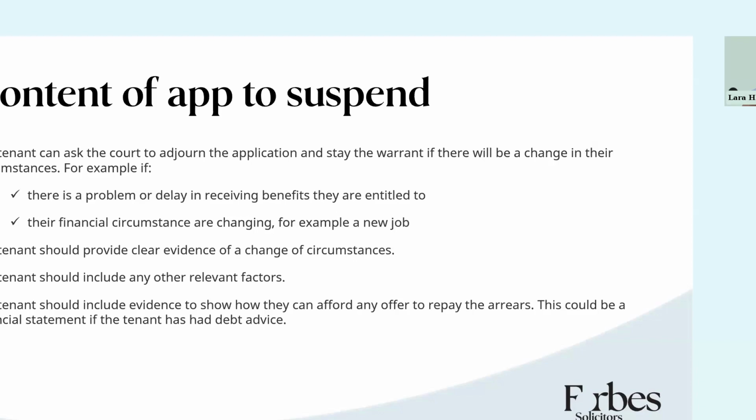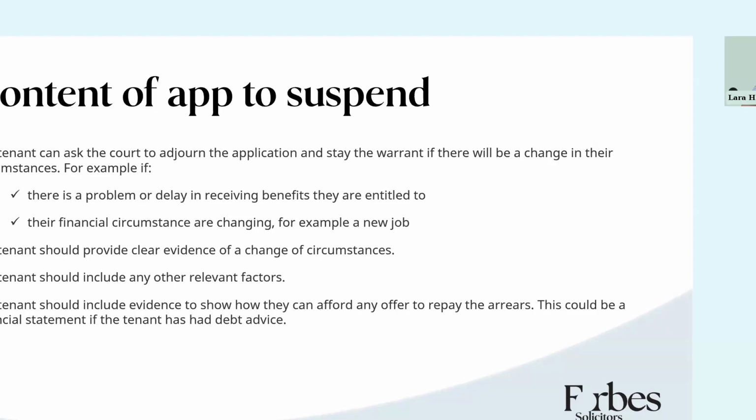They should also include any other relevant factors, and you'll quite often see this where they will say that they've got a health condition that's prevented them from taking steps to resolve the situation. So they should explain anything that means they would experience exceptional hardship if they were to be evicted. For example, the property has been adapted because the tenant has a disability.